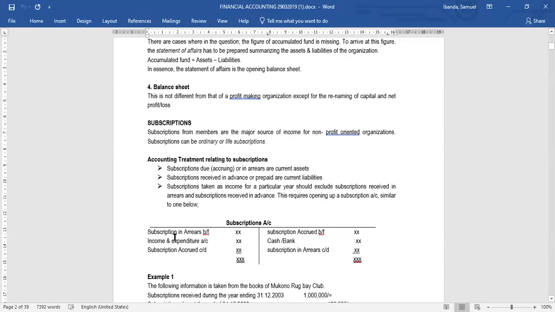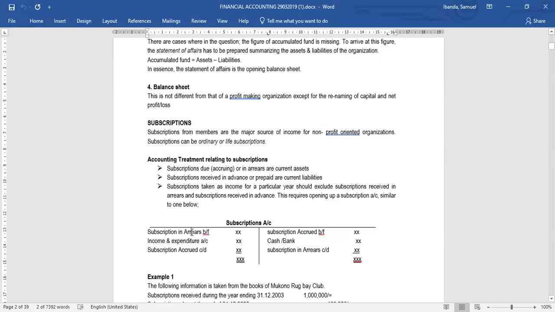Now, in most cases, if we have subscriptions in arrears, here we shall have the balance brought down, and then our balance carried down will appear on this other side, okay? Remember, these are assets. Assets have a normal debit balance, and of course, if it's a carried down, you always find it on the credit side. The same thing also happens with the accrued. As its balance brought forward is this side, its balance carried down is recorded on the opposite side, okay?